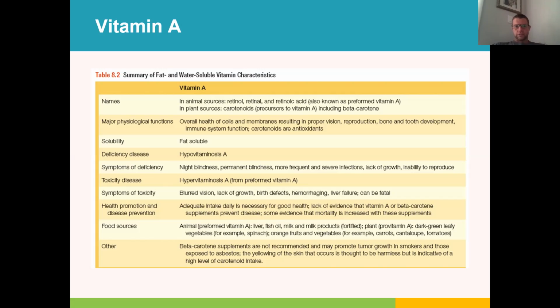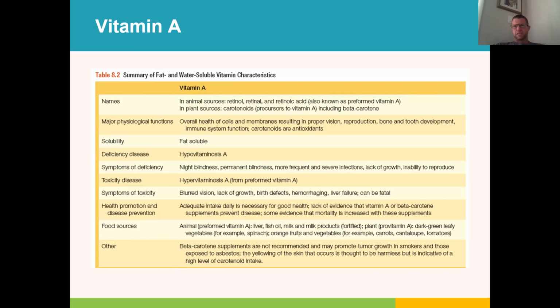And then in the other section, beta carotene supplements are not recommended, and they promote tumor growth in smokers and those exposed to asbestos. Yellowing of the skin that occurs is thought to be harmless, but is indicative of high level carotenoid intake.